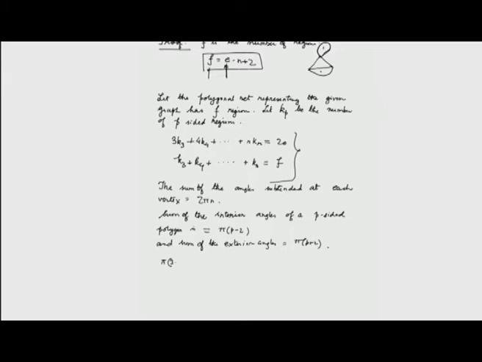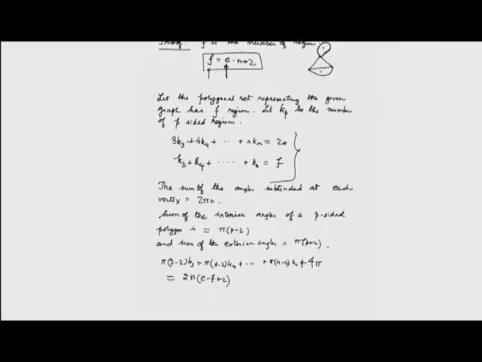Therefore, if I sum up all the interior and exterior angles, I get a sum like this: pi into (3 minus 2) k 3 plus pi into (4 minus 2) k 4 plus and so on up to pi into (r minus 2) k r plus 4 pi, and this is equal to 2 pi (e minus f plus 2).